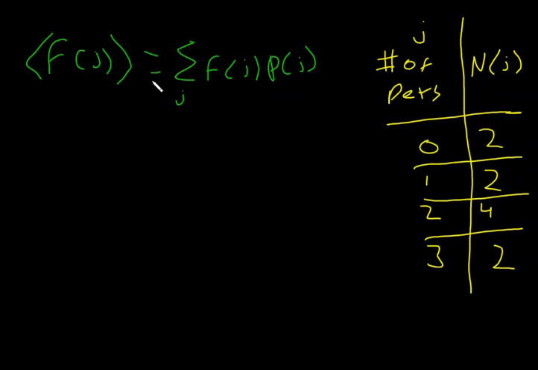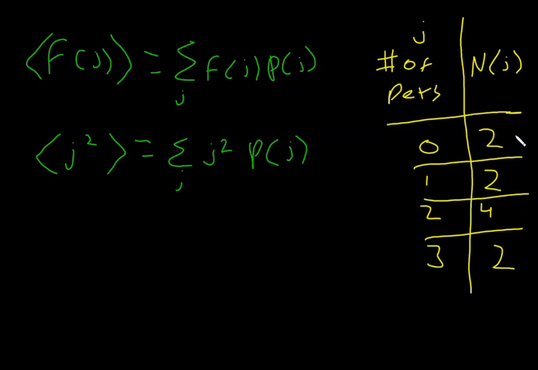So here's an example. Some function of j, let's go with j squared. So I want the expectation value of j squared, which is the sum over all possible values of j squared times p of j. Now, if you want to test this out, you can add to the table a column for j squared, and then you'll get 0, 1, 4, and 9.